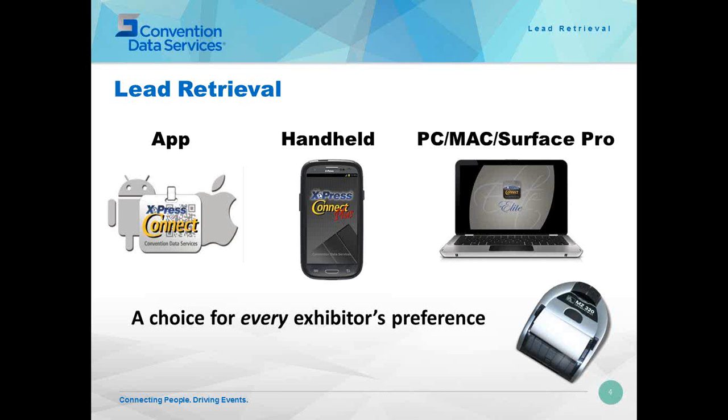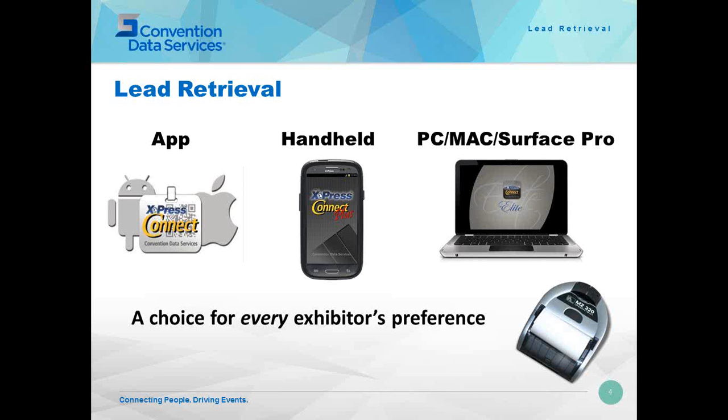So that would be our Express Connect Plus handheld. And that is a Samsung Galaxy smartphone, has the app already pre-installed, and we give you a charger so you can charge it at night. And the third option is our Express Connect Elite. And the Express Connect Elite works on a Windows PC, a Mac, or a Windows Surface Pro.